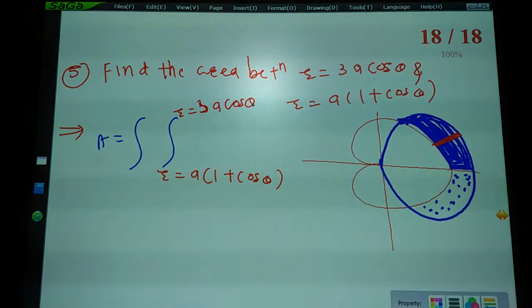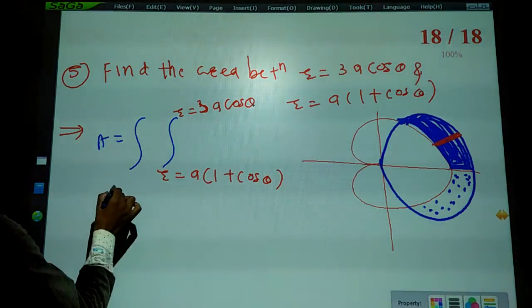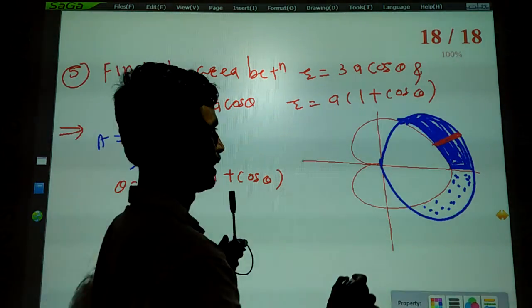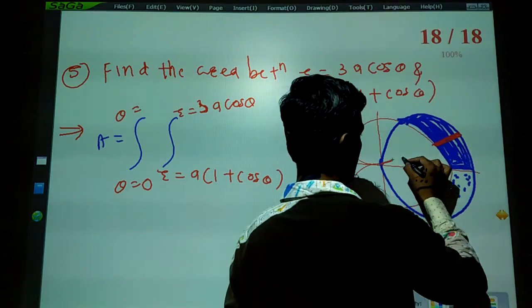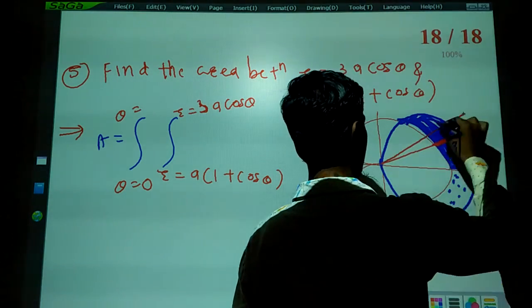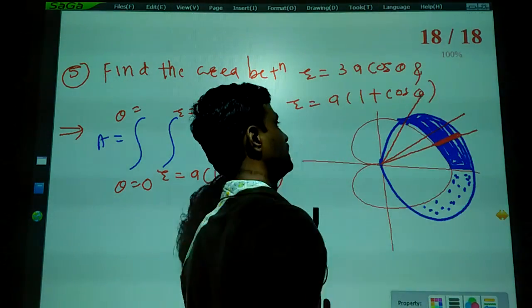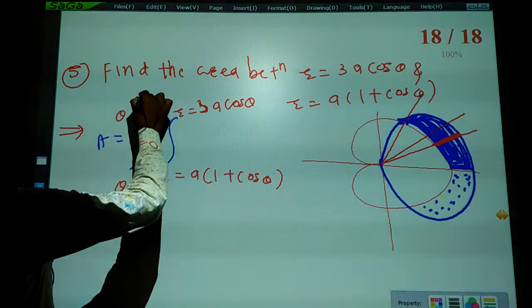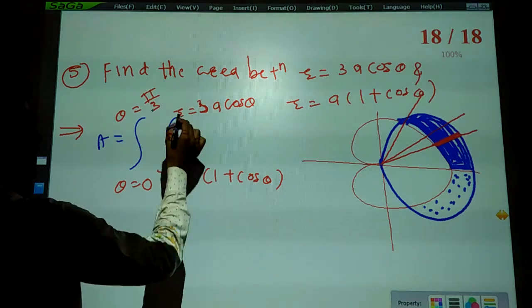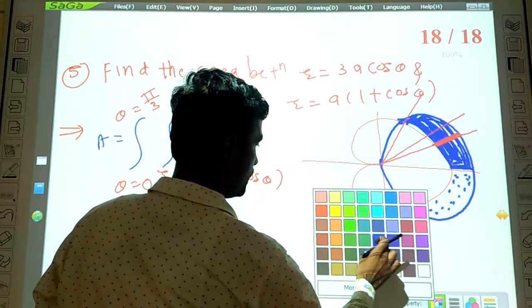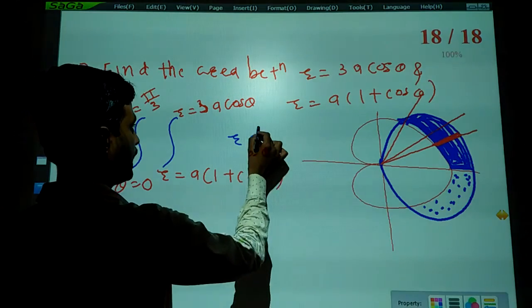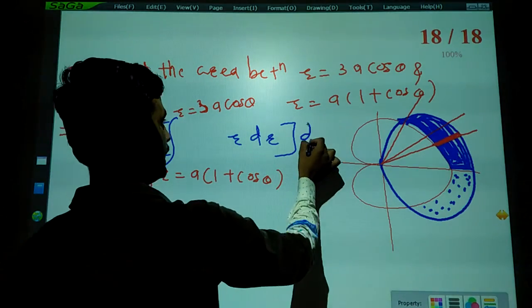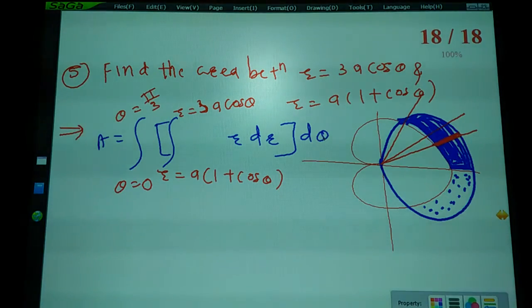And theta is from 0 to, see here, because we know theta is equal to 30, 45, and 60. 60 means theta is equal to pi by 3. This is r dr d theta.